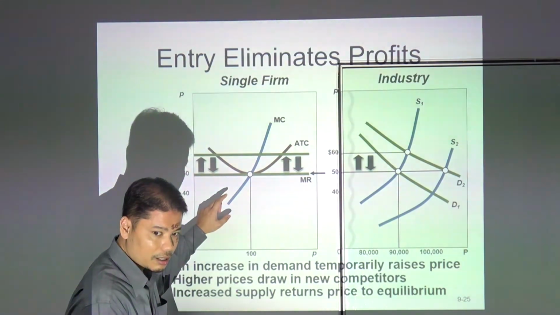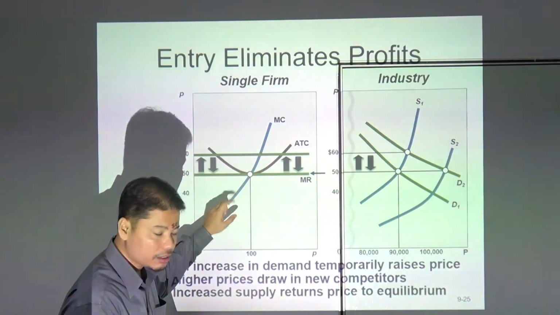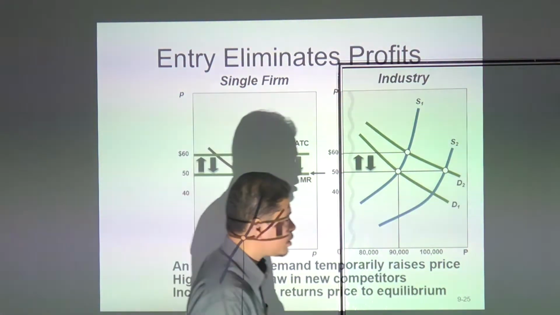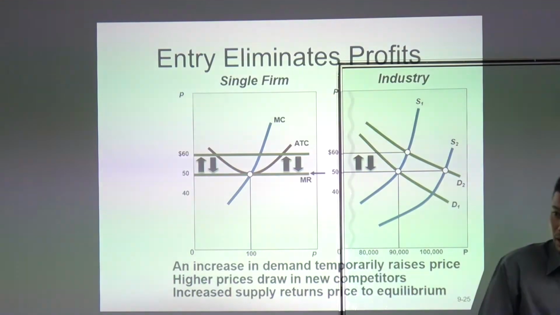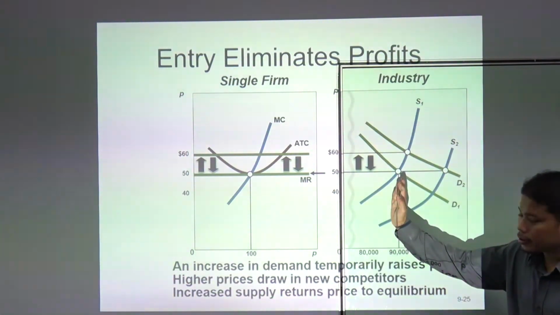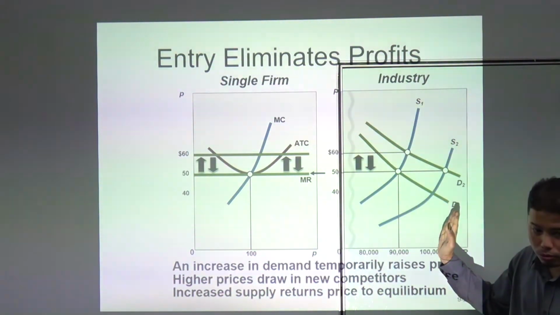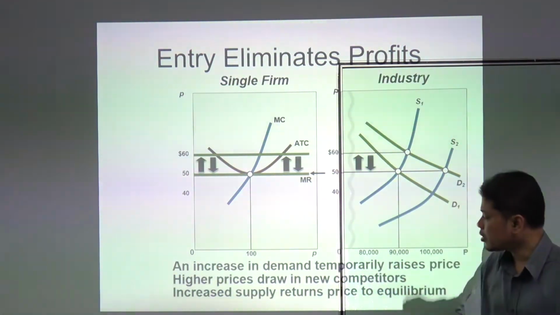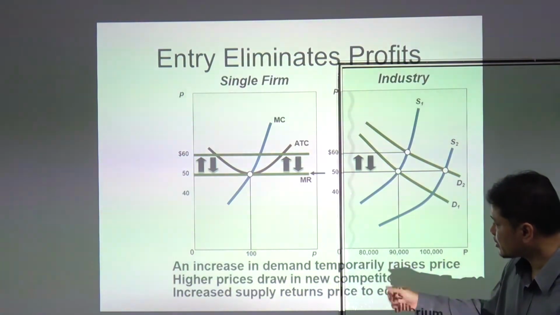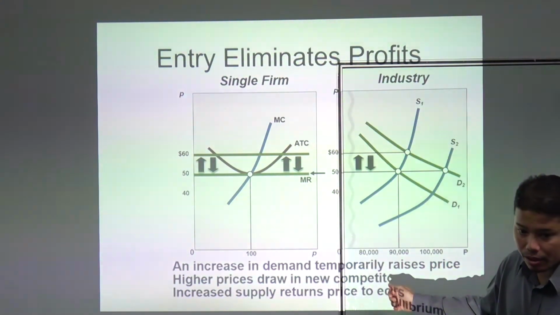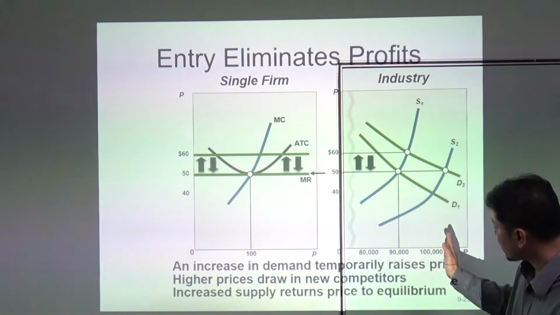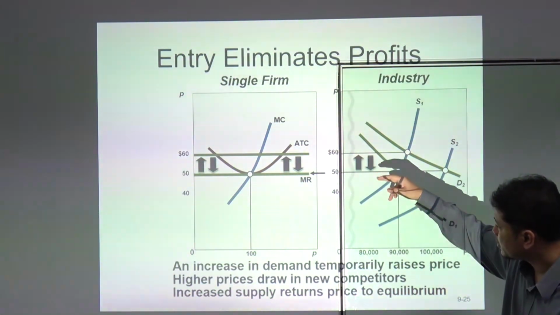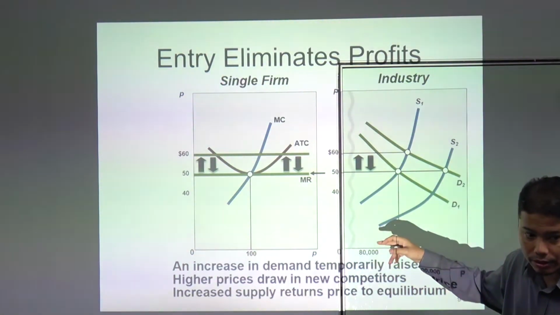So what happens? Other firms will be attracted to enter this industry. The number of sellers will increase and the supply curve will start to shift from S1 to S2. As more and more producers enter the industry and the supply curve shifts to the right, the price will go down gradually from $60 to $50.